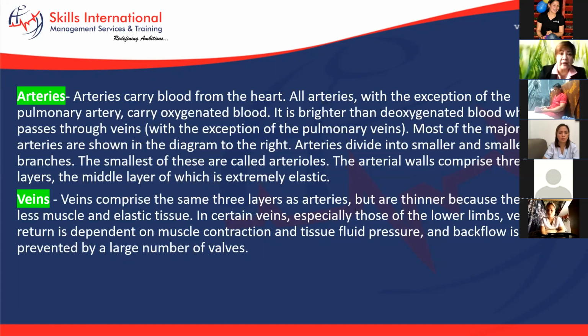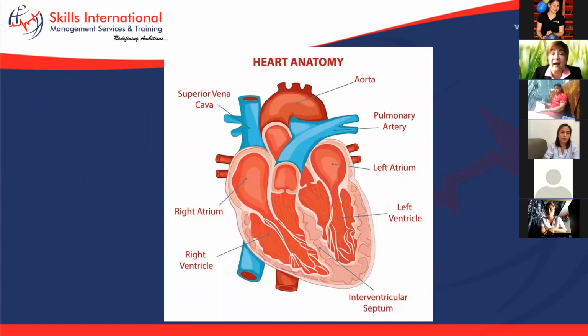So ito ngayon ang ating heart anatomy sa circulatory system. So yung superior vena cava, nakikita nyo yung blue, dito yung malaking vein yun. To the right, yung pulmonary artery, malaking artery. So meron tayong aorta dun sa taas.